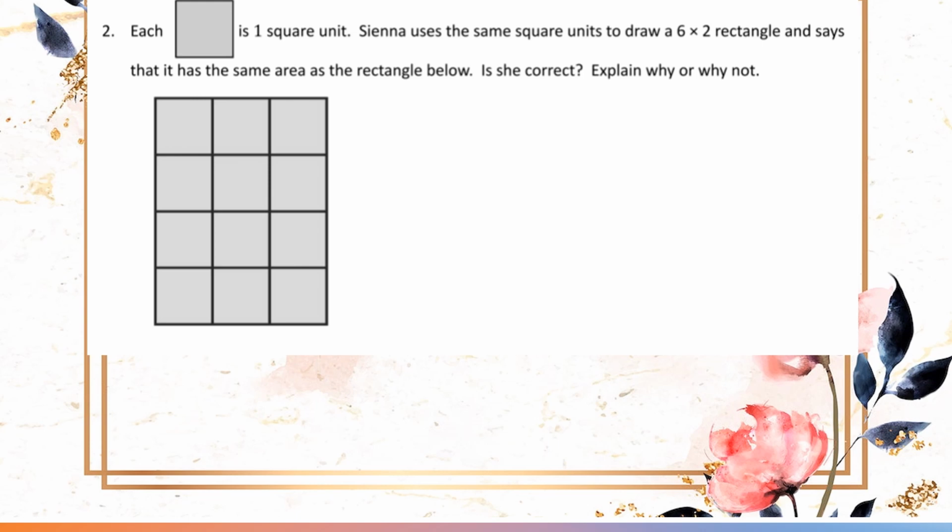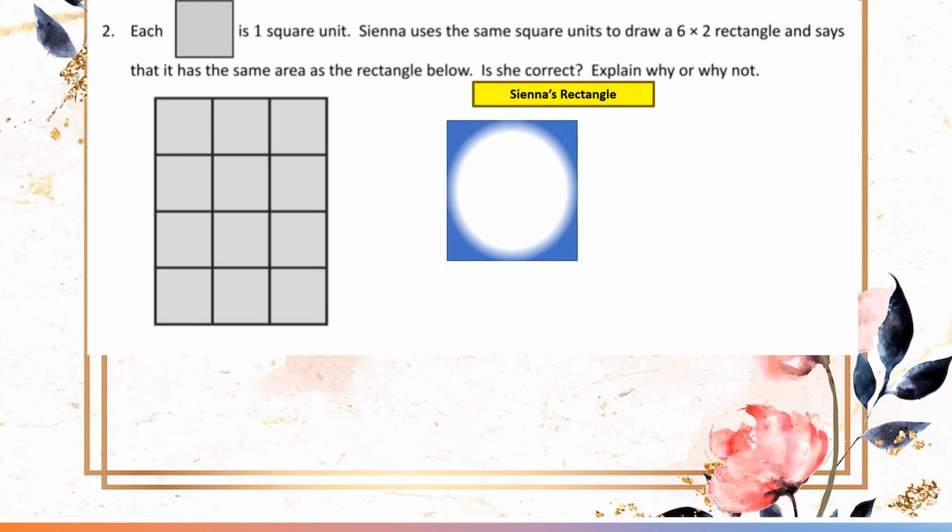Well, first, let's go ahead and start by drawing Sienna's rectangle. So we're going to just draw a rectangle. And we're going to label the length 6 and the width 2. So the length is 6 and the width is 2. Now we need to figure out the area for Sienna's rectangle.